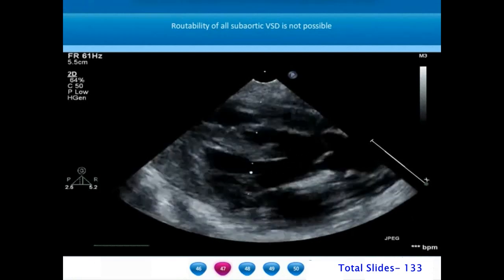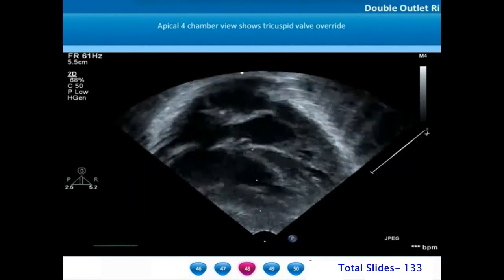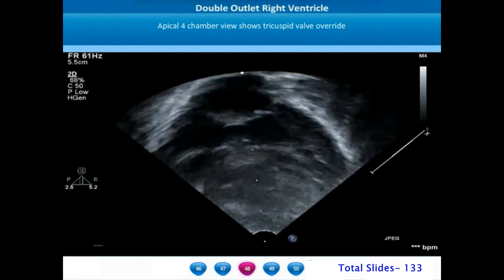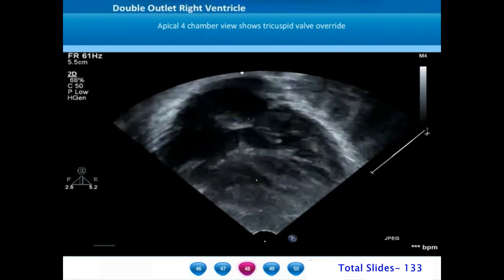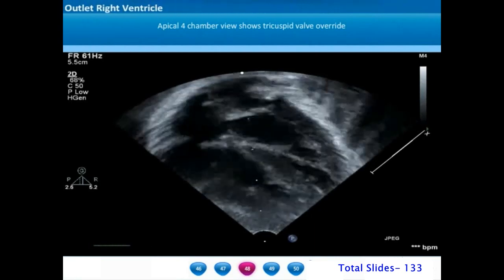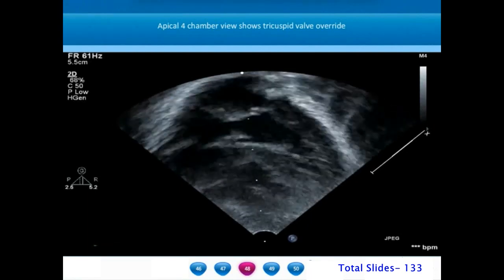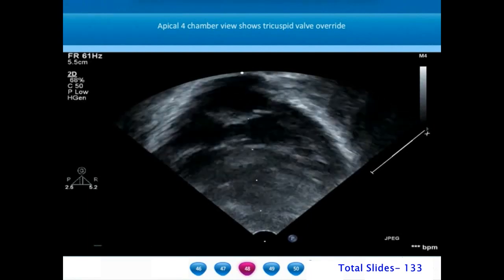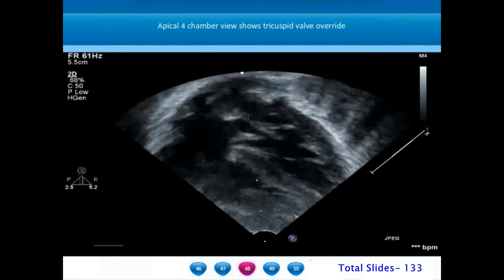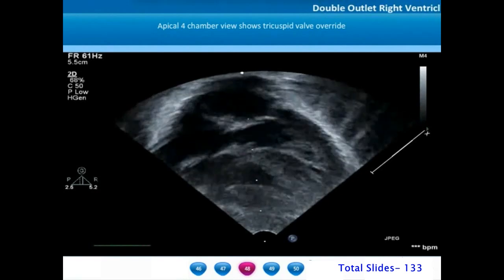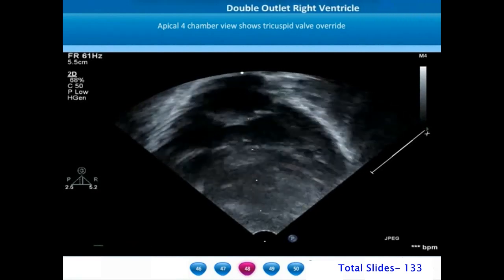When we do an apical 4-chamber view, we appreciate that the ventricular septal defect has an inlet extension and the tricuspid valve is overriding and straddling this ventricular septal defect. What we mean by overriding is that a portion of the tricuspid annulus seems to be committed towards the left ventricle.